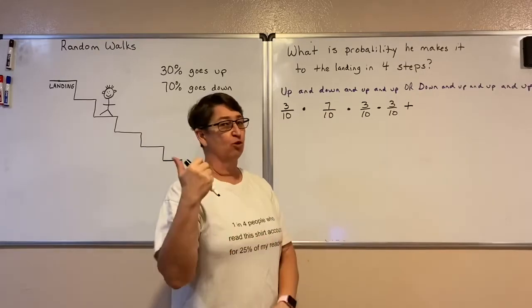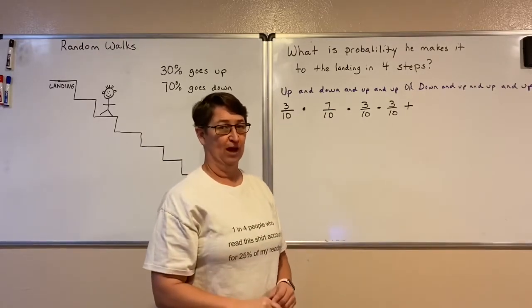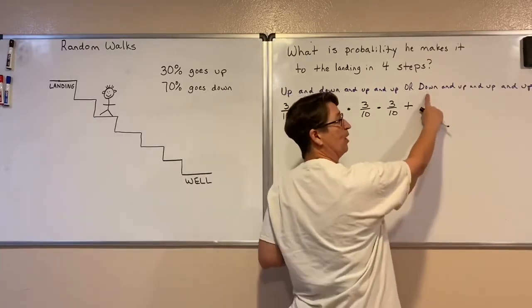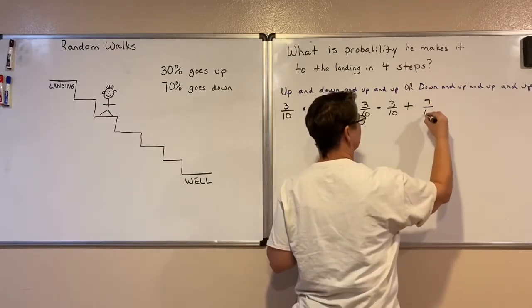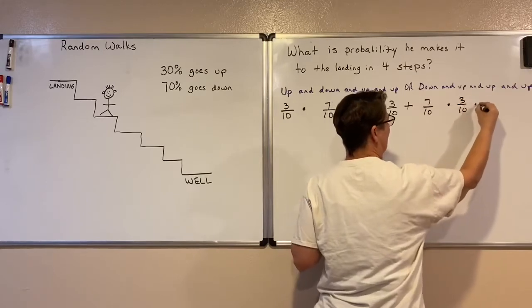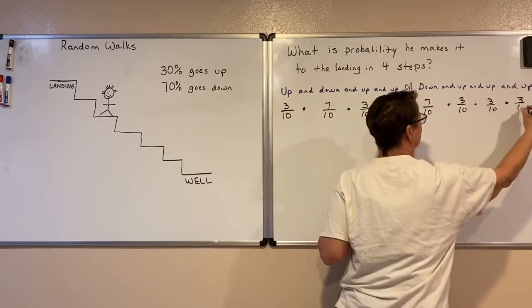In this case, going up and down have no overlap, so I don't have to worry about the overlap part. So I'm just adding. Then I'm going to look for the probability of each piece again. So down is 7/10, and up is 3/10, and up is 3/10, and up is 3/10.